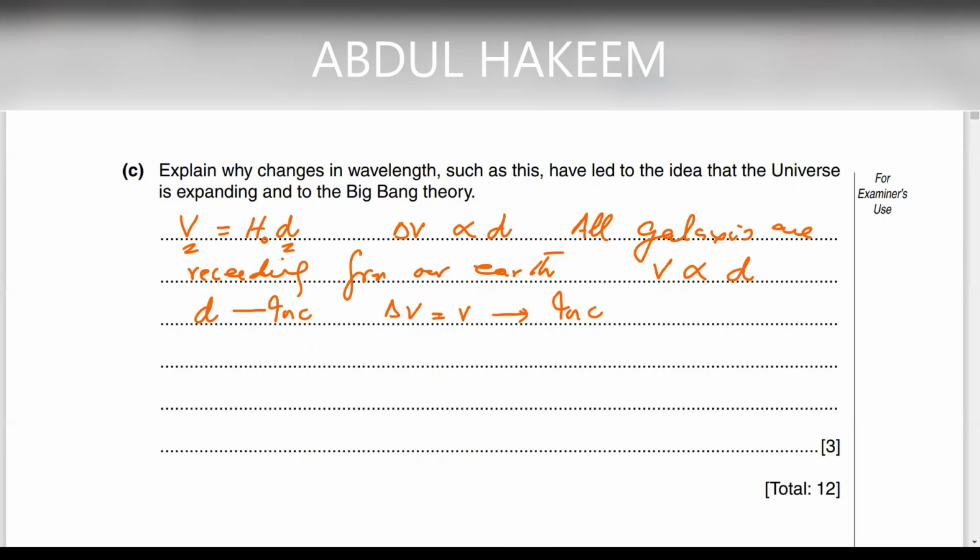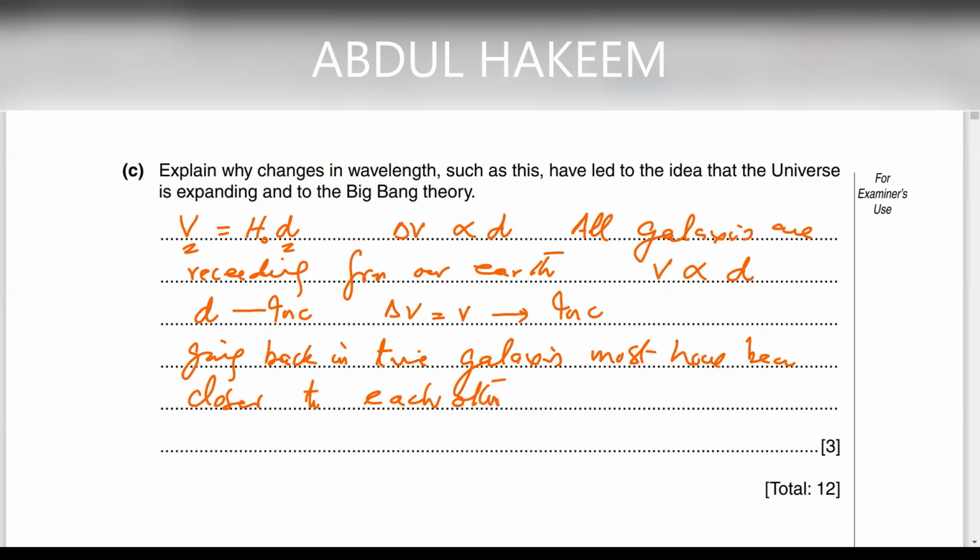But when we go back in time, galaxies must have been closer to each other, because the recessional velocity is equal to H naught d. So in the previous time, all galaxies were very close to each other.